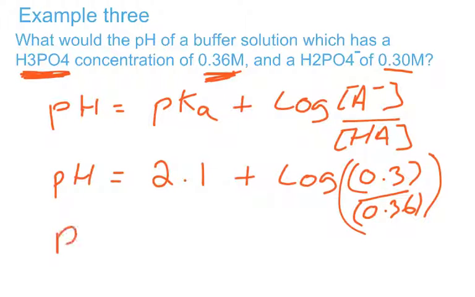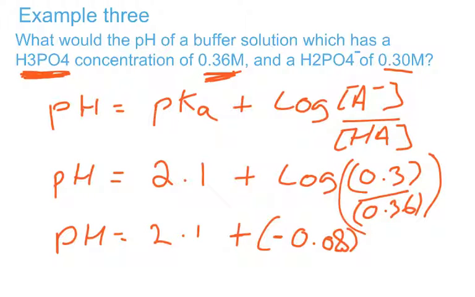So pH will be equal to 2.1 plus negative 0.08.